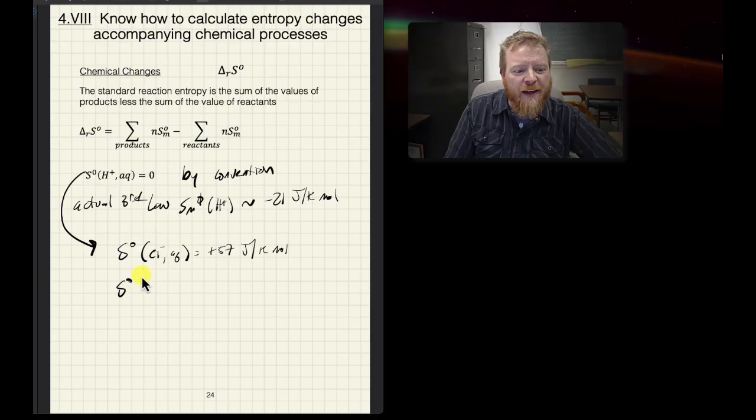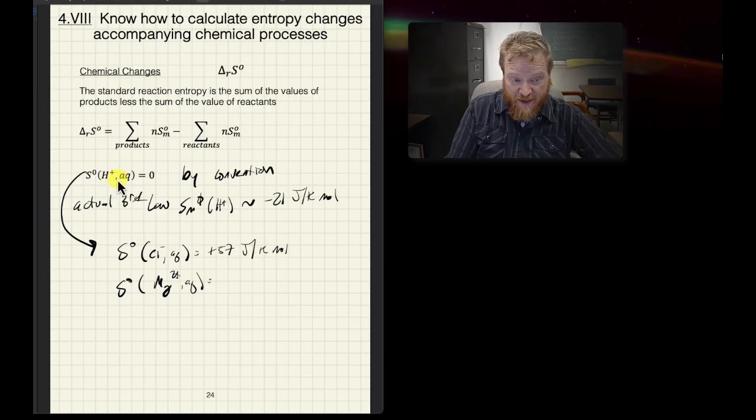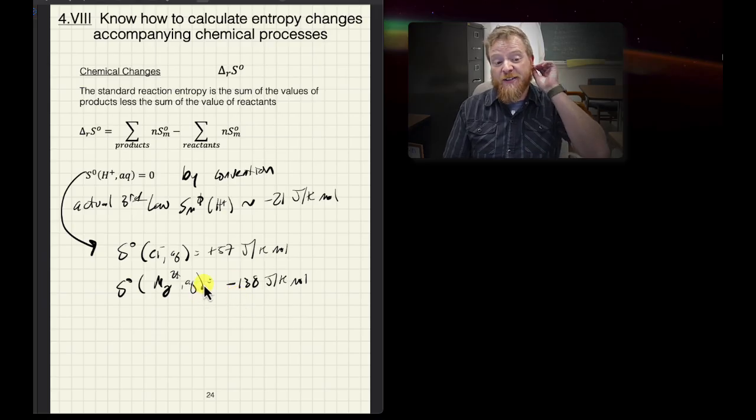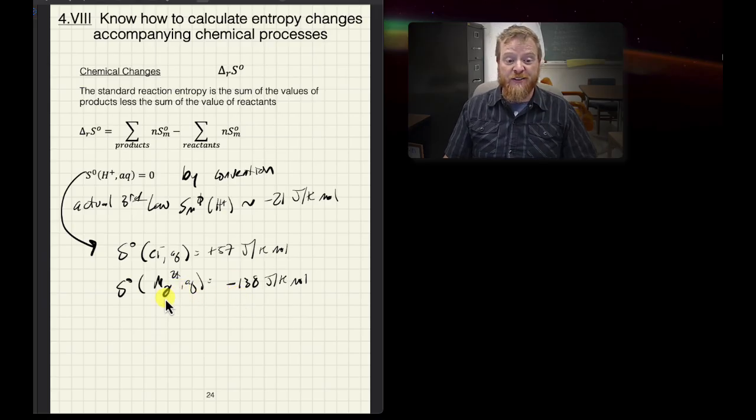On the other hand, the entropy of magnesium 2 plus relative to that 0 H plus is negative 138 joules per K per mole, indicating that the presence of magnesium ions induces a lot of order in the solution.